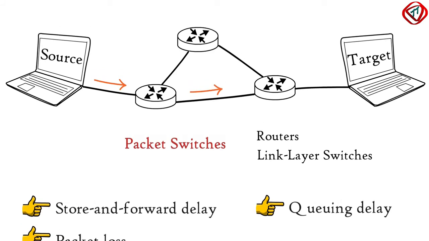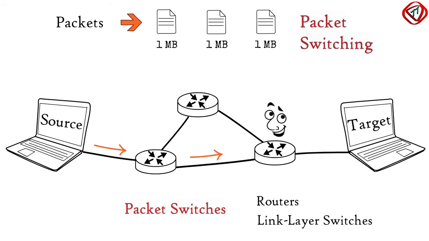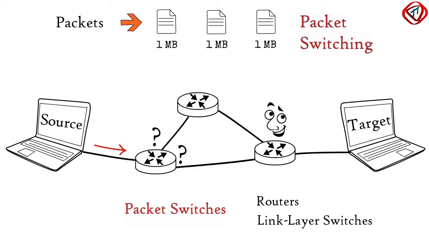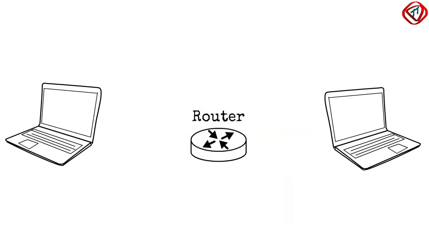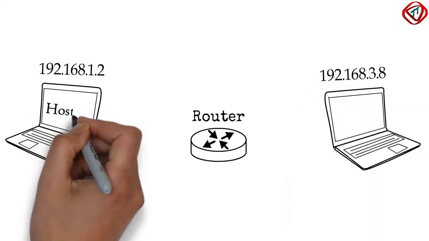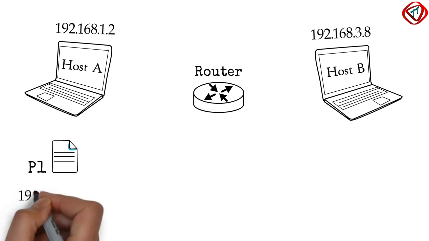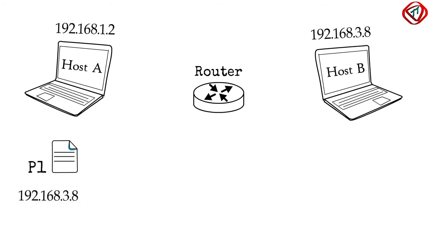But how do packet switches know to which communication link the incoming packet should be forwarded? Here, forwarding tables come into the picture. On the internet, every device has a unique address known as an IP address. When host A sends a packet to host B, it includes the IP address of host B in the packet's header. Every router has a forwarding table.